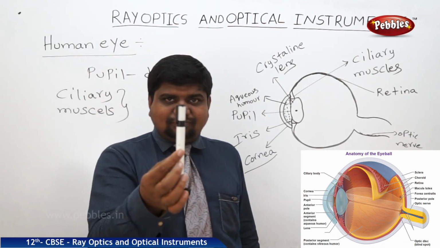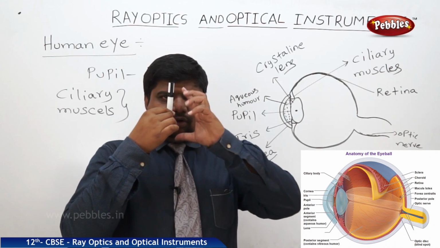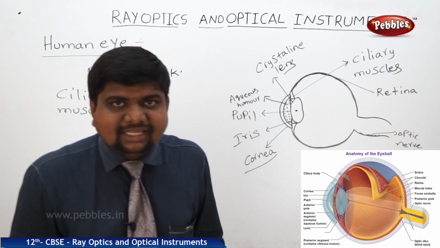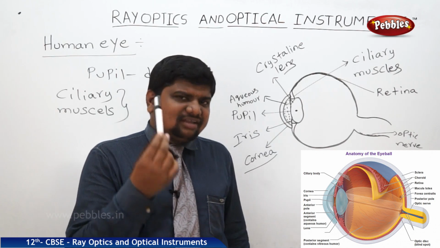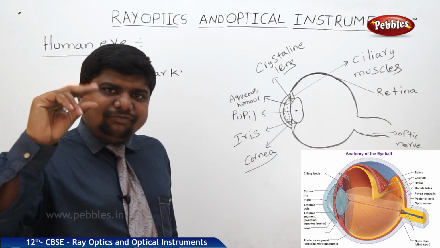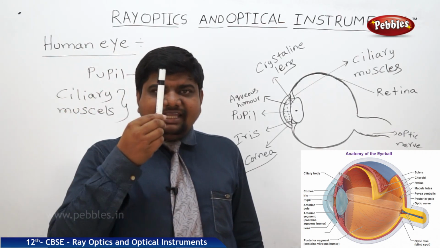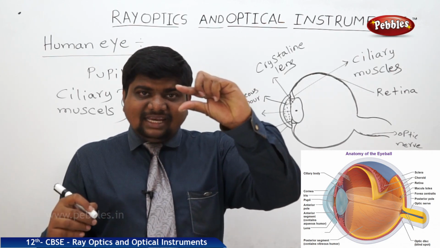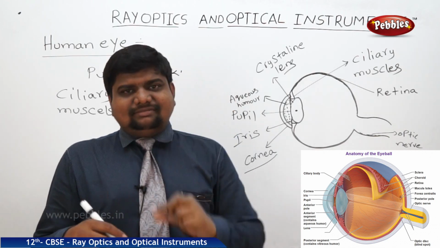If I place this object near the eye, then I may not be able to converge the whole light in front of the eye. Because whenever objects, of small or large size, are placed close in front of the eye, the focal length decreases. Why? The eye gets strained, so to avoid the strain, the size of the eye lens decreases, meaning its focal length decreases.